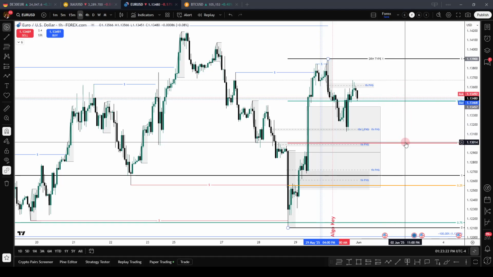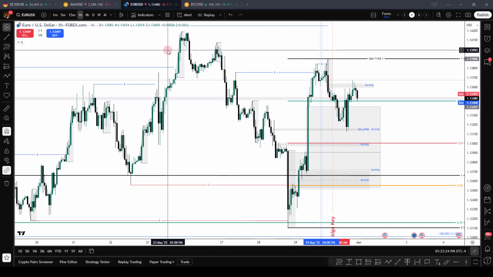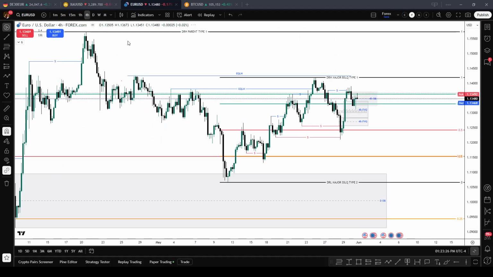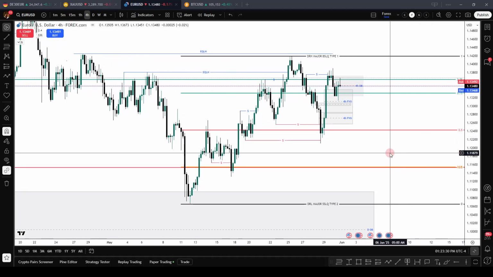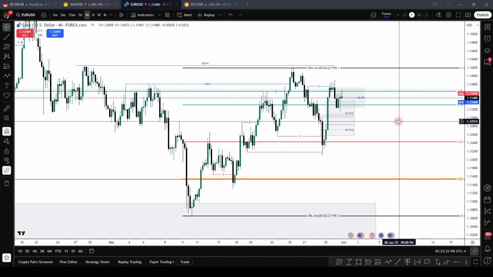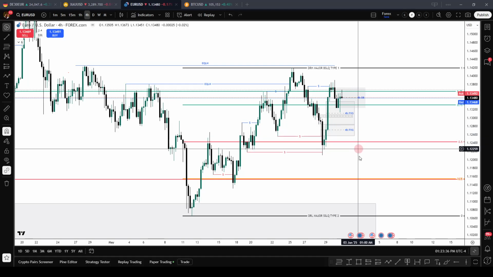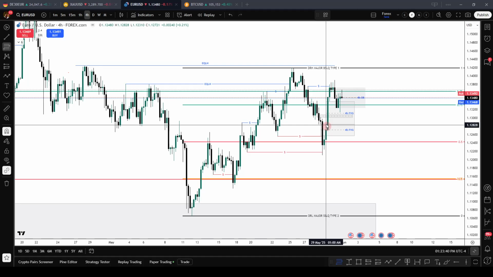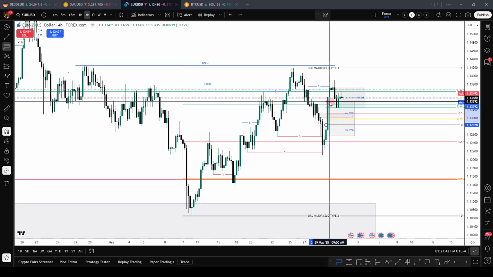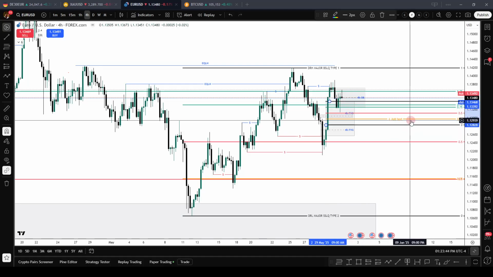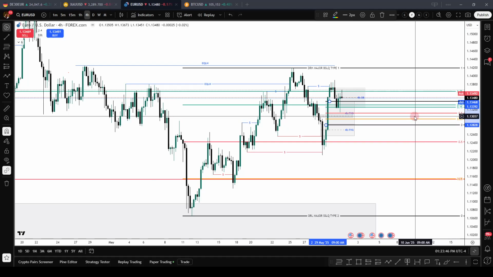And the 1.13, if we look at the 4-hour time frame in the 4-hour dealing range, if we divide this large displacement, we will see that in the region of 1.13, it is at 0.25, and also here, there is an inverse fair value gap.